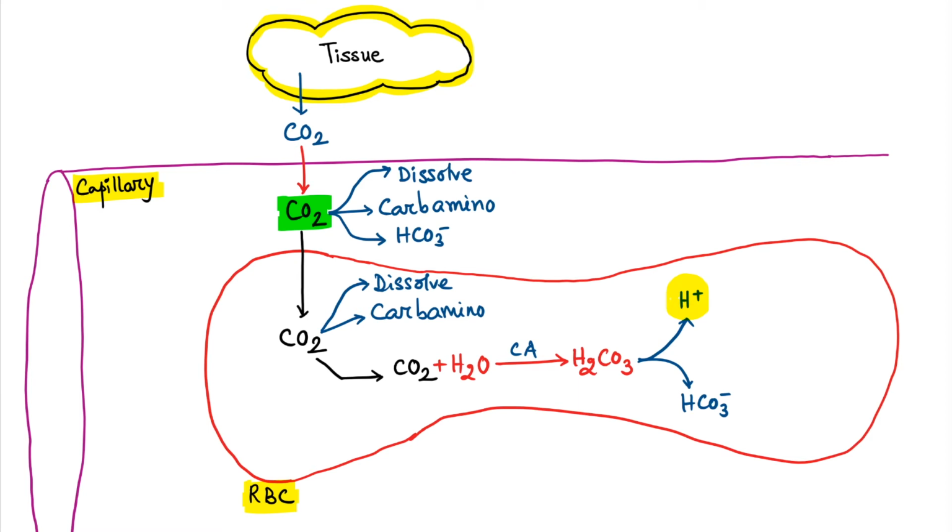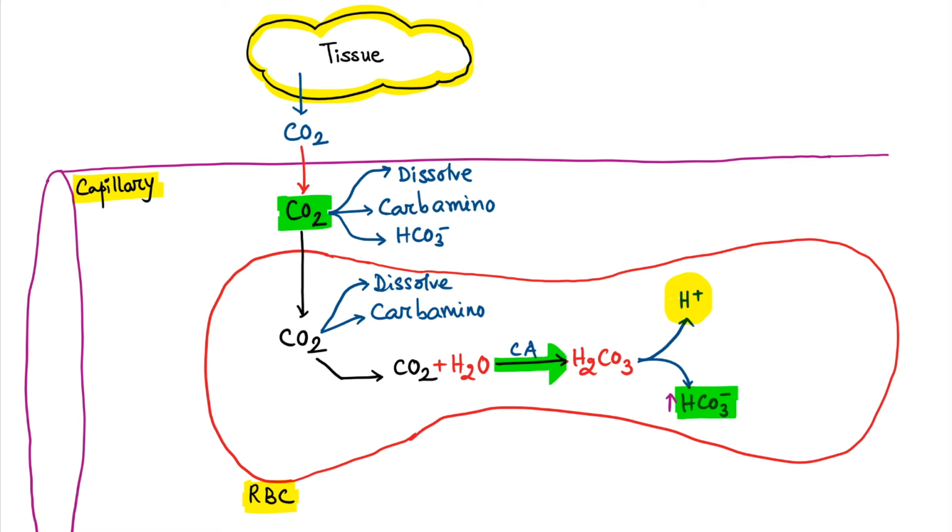But because of the acceptance of this H plus ion by hemoglobin, what happens? More and more bicarbonate formation will occur inside the RBC. Means this reaction, although it's a reversible reaction, will move from left side to right side. As a result, the amount of bicarbonate becomes huge inside the RBC.